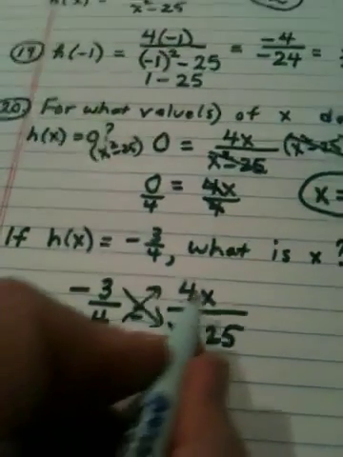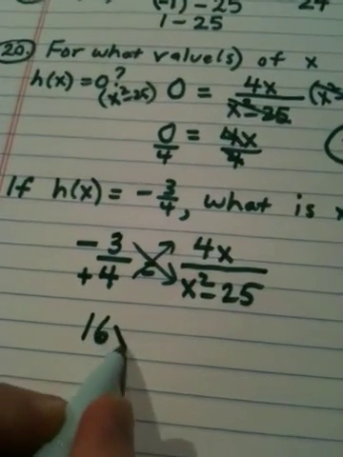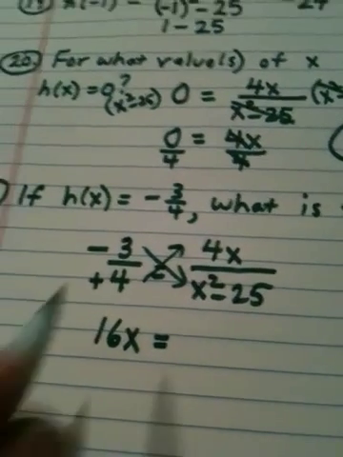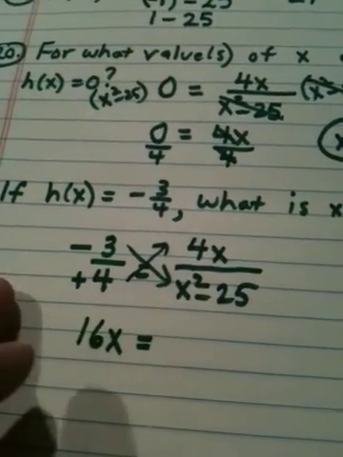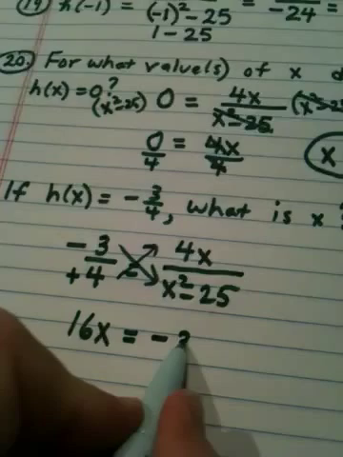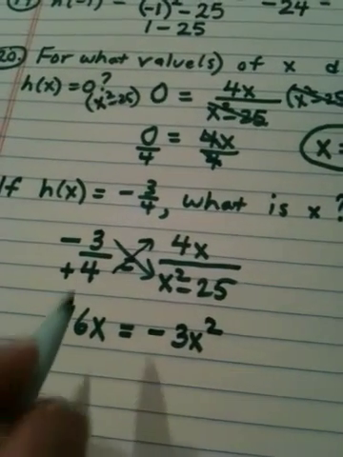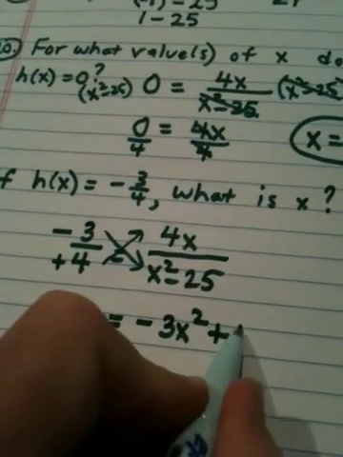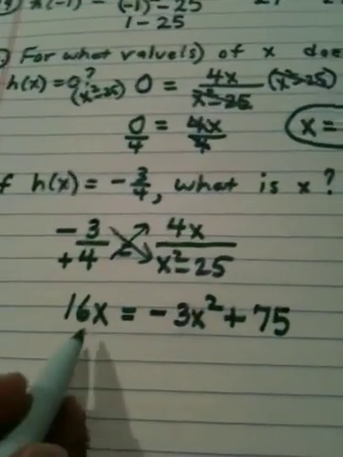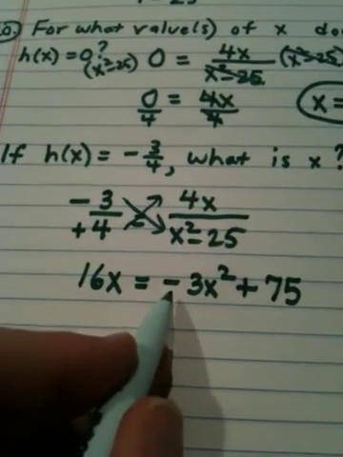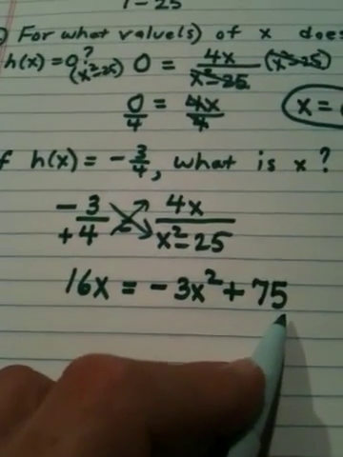So, 4 times 4x is 16x. When I distribute here and I distribute the negative 3, I get negative 3x squared and I get a plus 75. Okay? So I have 16x equals negative 3x squared plus 75.